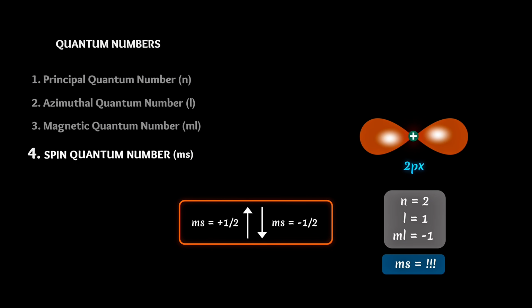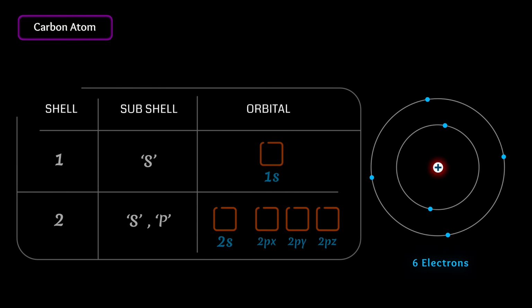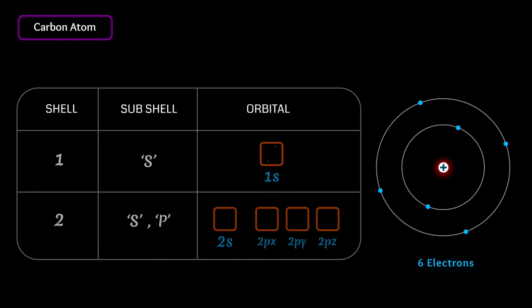The property of spin is a fundamental aspect of quantum particles. Now let's return to the electron configuration of a carbon atom. The 1s orbital is filled first, followed by the 2s orbital. 2 electrons remain, which will occupy one of the 2p orbitals, 2px, 2py, or 2pz. However, they do not pair up in a single orbital initially.